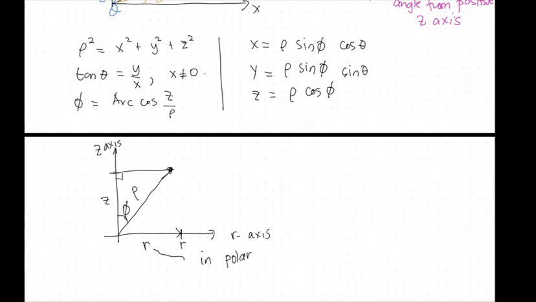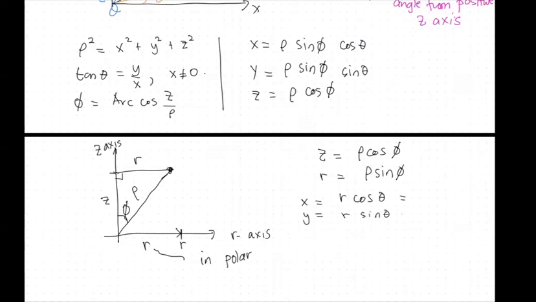What is the relationship between rho, z, and r? This is given by the Pythagorean identities or trigonometric functions. z is equal to rho cosine phi, and r is equal to rho sine phi. And now x and y are just r cosine theta and r sine theta.